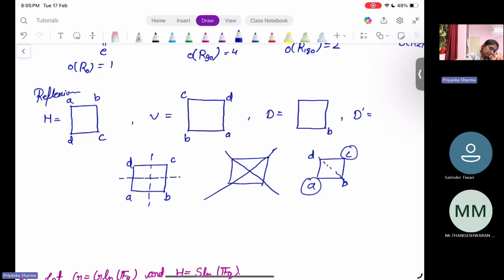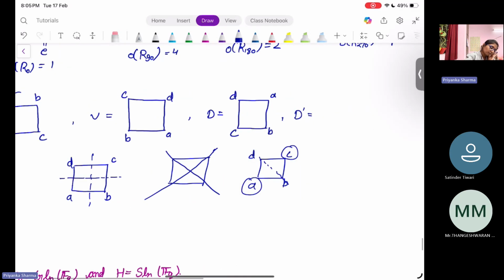Here C and here A. What about D dash? Now anti-diagonal. A and C will not change their position, but B and D will. So this will be B and this will be D.